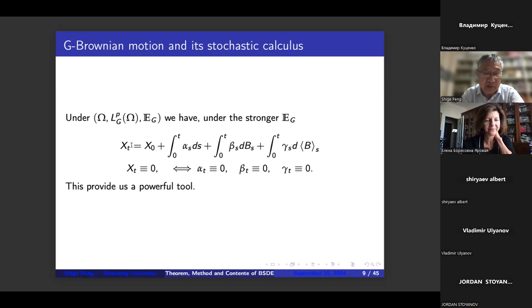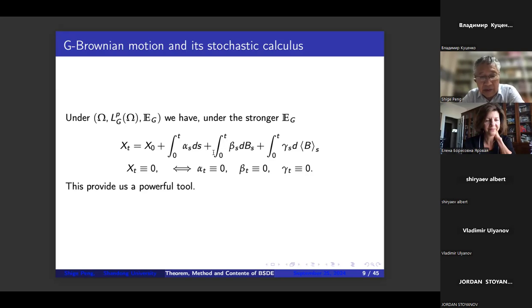Of course, at the beginning it's already a function of path, and here we can see this alpha_s to be the derivative of the function of path with respect to t.